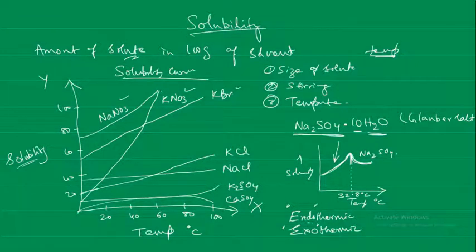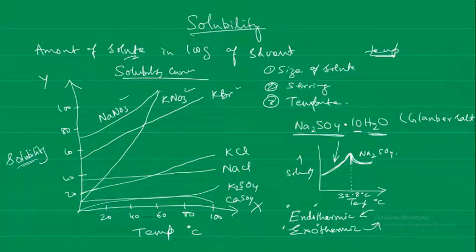So what is happening is endothermic means the heat is taken inside the system. Exothermic means heat is released outside the system. Okay, so if any reaction is resulting in the release of heat, that is exothermic reaction. If any reaction is resulting in the reduction in the temperature, that is the heat is absorbed into the reaction and therefore the outside temperature will fall down. Okay, that is the endothermic reaction.